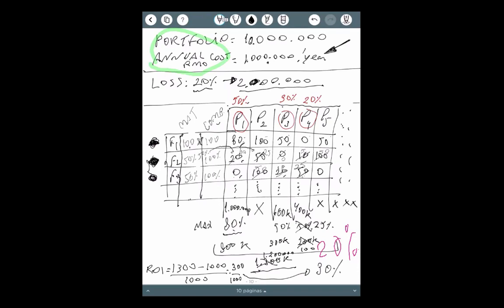For example, I showed you that the maturity of F3 was only 50%, and it reduced our return. So if we improve the maturity of F3, we will increase our return, okay? So that's one way. Let's try to improve maturity and improve competences.